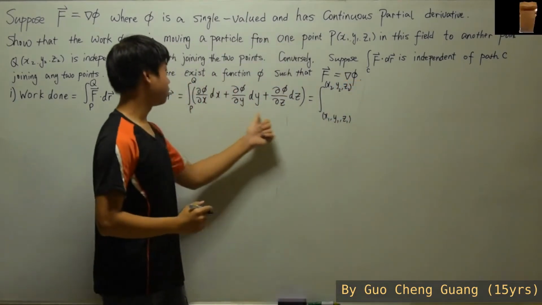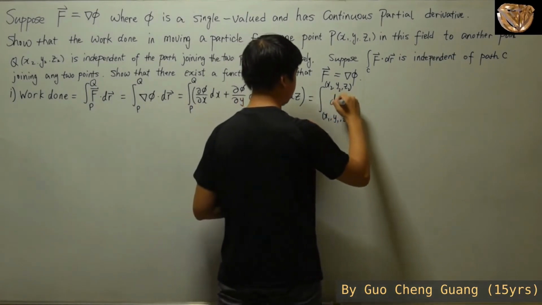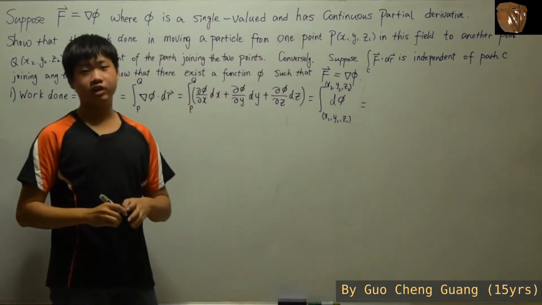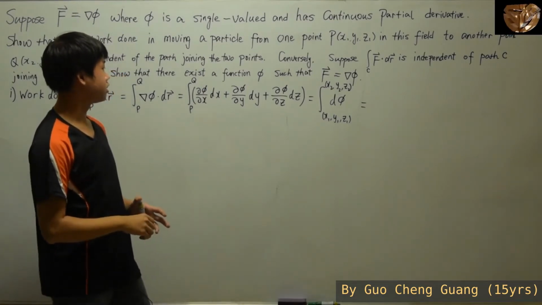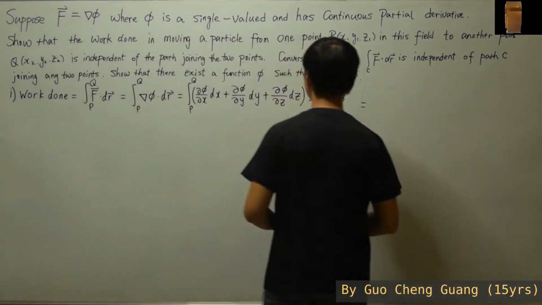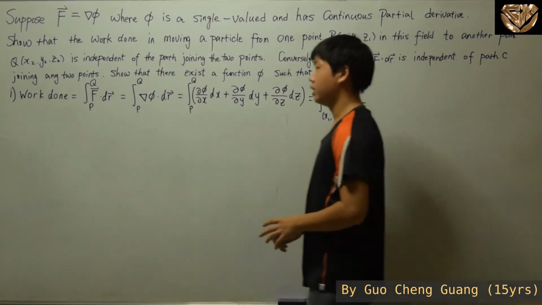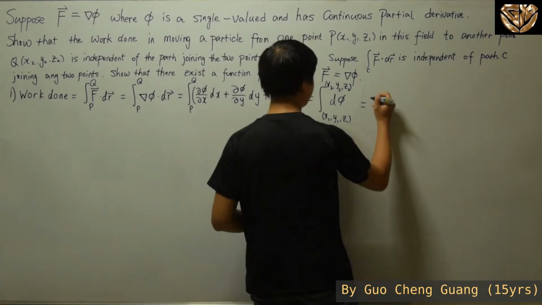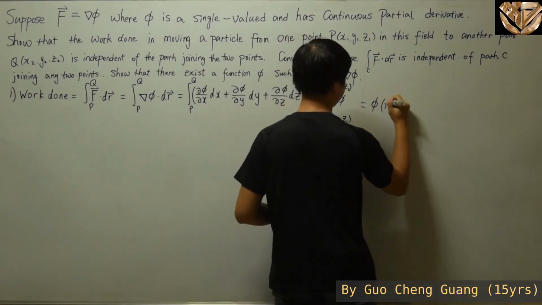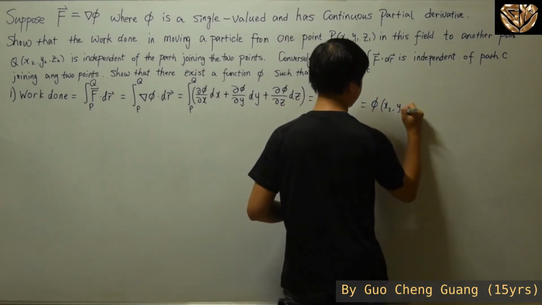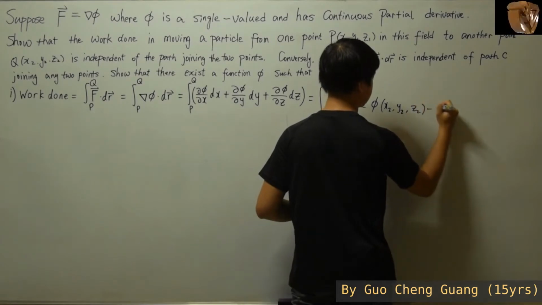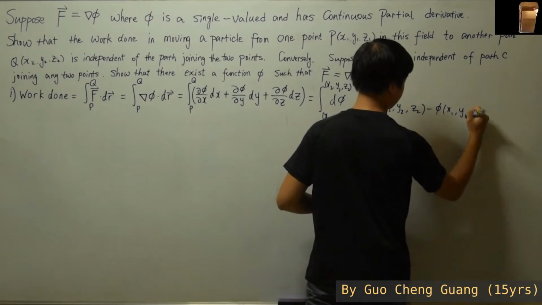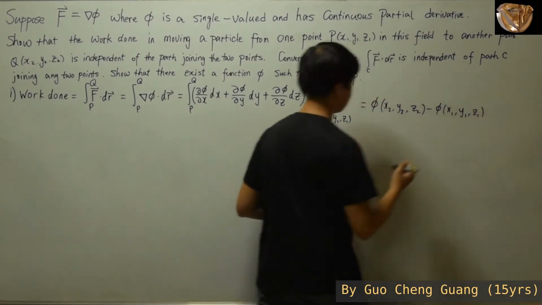So this will just become d phi. Does this look familiar? Now, are we able to integrate this? Well, yes, of course. So this will just be phi of x2, y2, z2, subtract phi of x1, y1, z1.